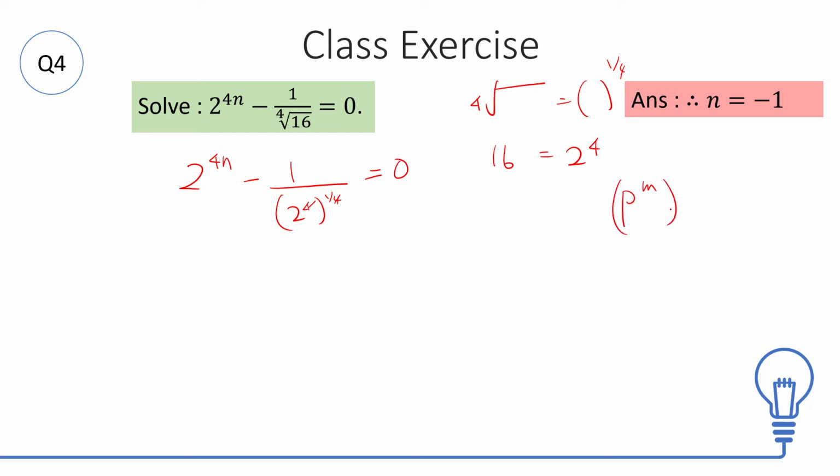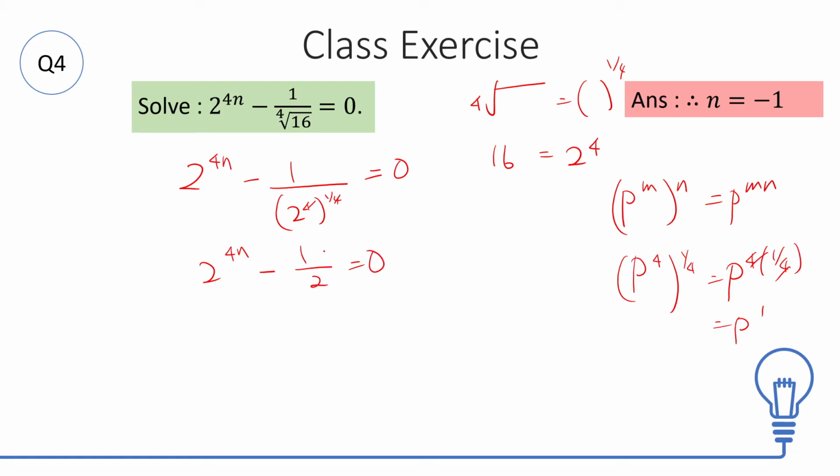This one and this one simplify: (a^p)^q is a^(pq). So the power for the outside is 1 over 4, and 4 times 1 over 4 cancels to 1. So I have 2^(4n) minus 1 over 2 equals 0.